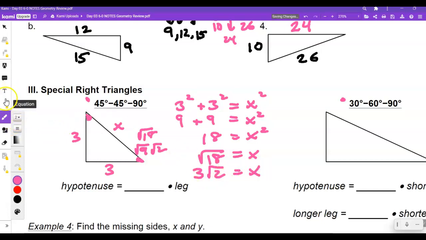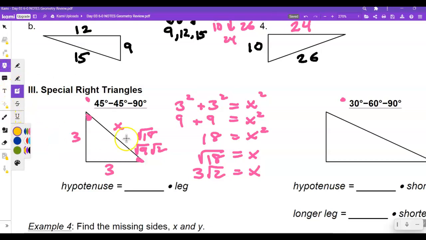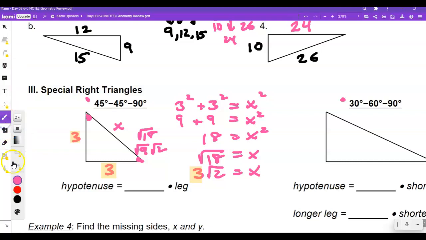Now, it's not a coincidence at all that the 2 legs are 3, and the answer came out to 3 root 2. So that's the shortcut for all 45, 45, 90. If you want to find the hypotenuse, all you have to do is take one of the legs, in this case it's 3, and multiply that by root 2.